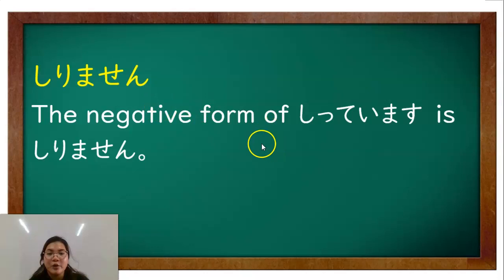This is the negative form of shitte imasu. Okay? So always remember the negative form of shitte imasu is not shitte imasen but shirimasen.